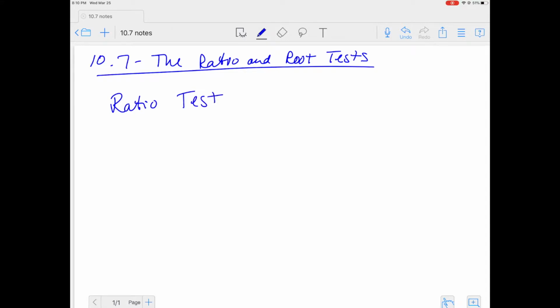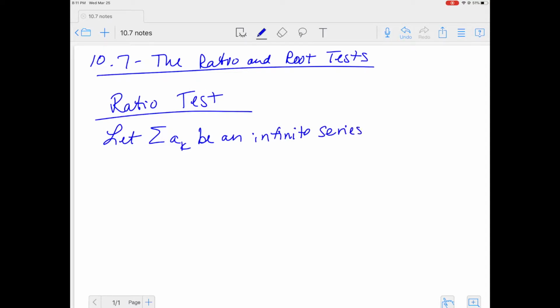Ratio test. Let this series of a sub k be an infinite series. And we are going to let r, and this is the key, so figure out the values of r here.